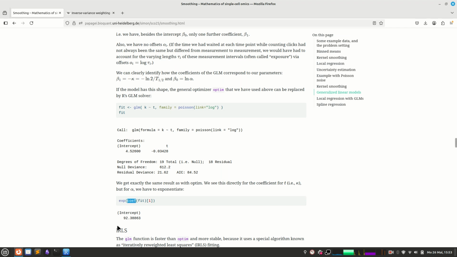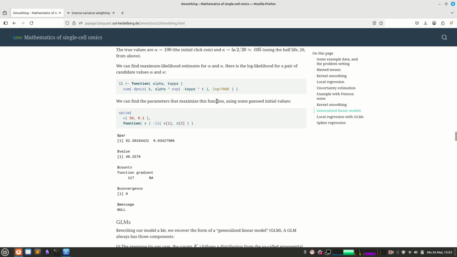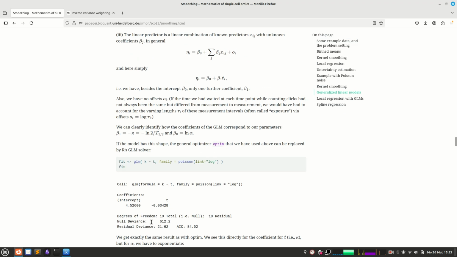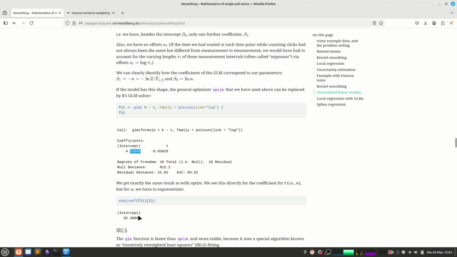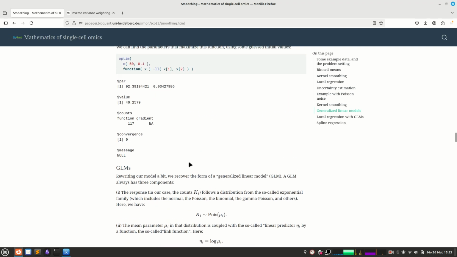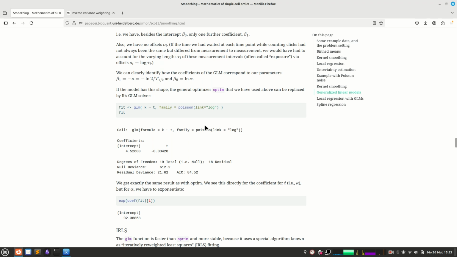Yeah, we simply have to exponentiate it. That was the point. The alpha is fine because here the beta naught is the logarithm of what's called here the alpha. So I have to exponentiate what I get here. And if I exponentiate it, I get 92.388, which is exactly what the optim gave us. So we see both of these things have optimized the same function.